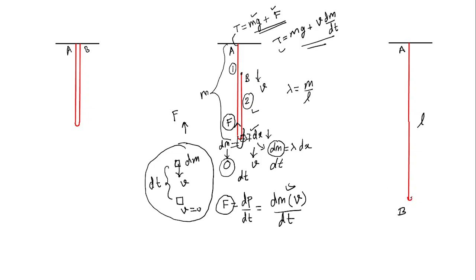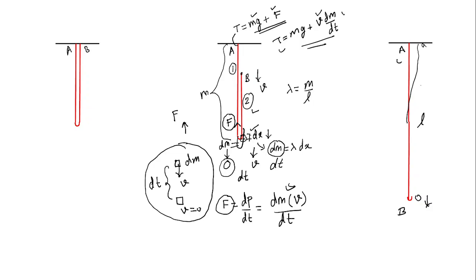Definitely, B was falling freely from this point to this point, so the velocity of B will be increasing only. So velocity will become maximum when B reaches the lowermost point. So v is also maximum in this scenario, and dm by dt also depends on the velocity of B.